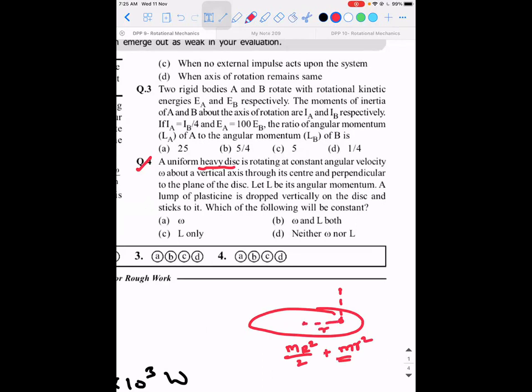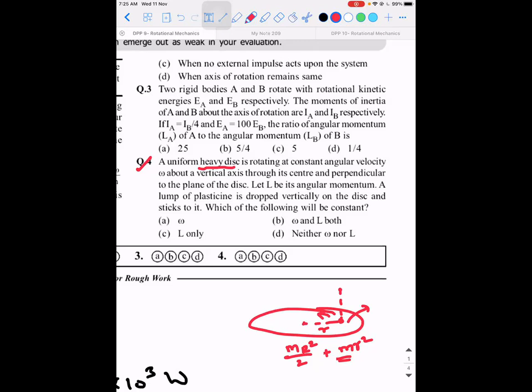So when the moment of inertia is changing, will the angular velocity be the same or constant? It will vary. When this object falls on this disk, the object is going to start revolving. For any object to revolve, a torque is necessary.